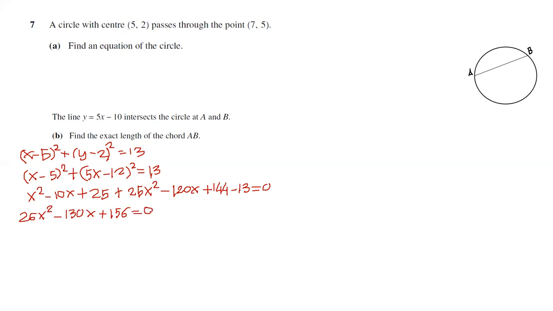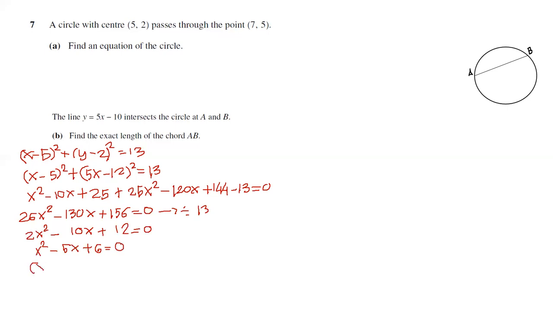Divided by 13, it simplifies to 2x squared minus 10x plus 12, or divided by 2, it becomes x squared minus 5x plus 6 equals 0.